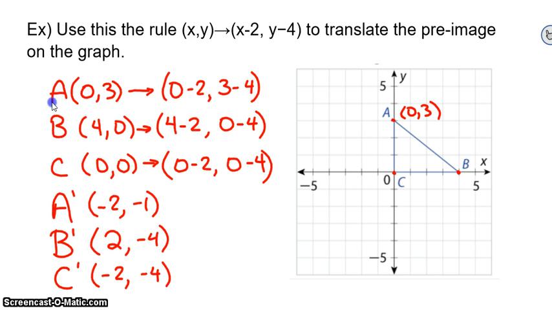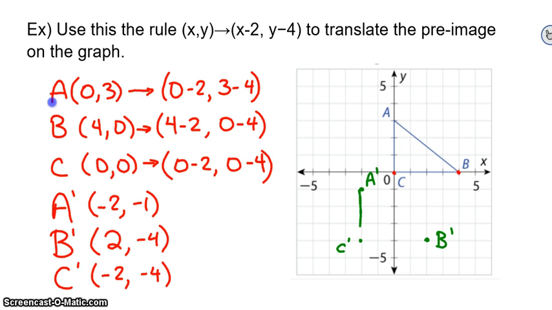Then I'm going to go back over to the graph and graph my image. A prime is at (-2, -1), right there in that location. I'm going to label it as A prime. B prime is located at (2, -4), right about there. And C prime is located at (-2, -4), which is right here.